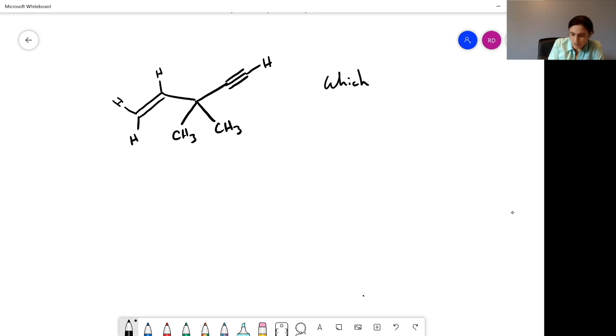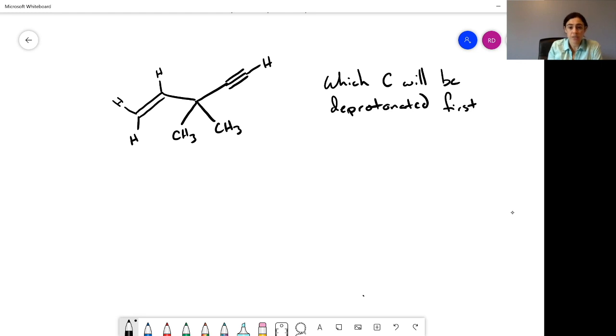We're going to ask which proton or which carbon will be deprotonated first. Which is just another way of asking which is the most acidic carbon or most acidic proton.